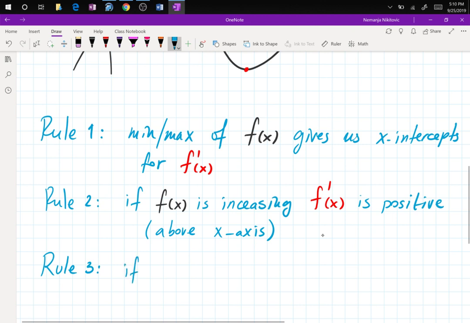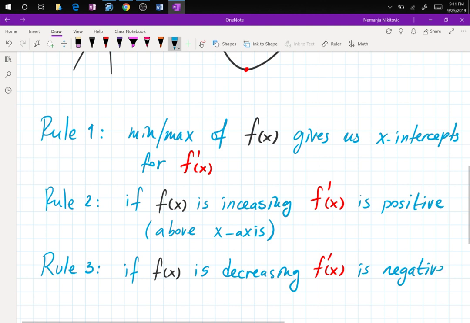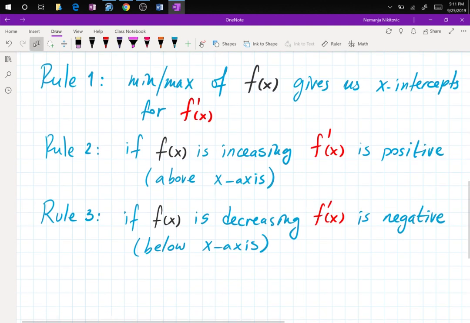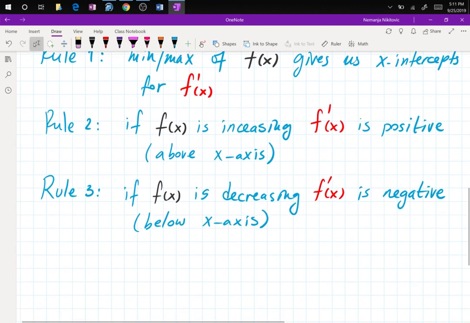Rule 3: if f of x is decreasing, f prime of x is negative, below x-axis. You know what, since I'm listing all the rules, how about I list the fourth one even though it's not on this picture, and then we'll just do the next example.